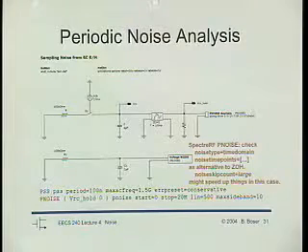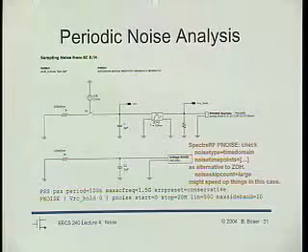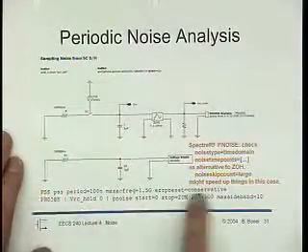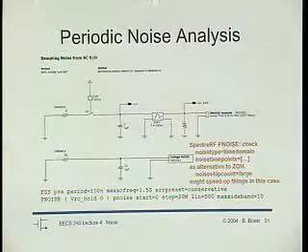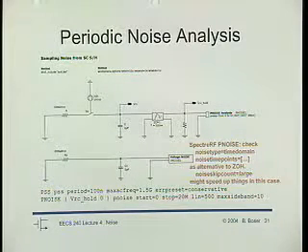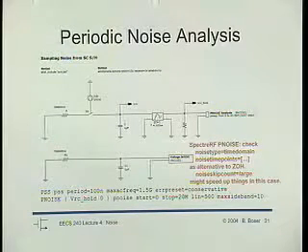More recent versions of SPICE, in particular the one called Spectre, have features built in that actually allow it to measure periodic noise. I show here an example of how to do that, and I list the commands that you have to type into Spectre, with two goals. One, I would like to alert you that you're not totally out of luck if you need to simulate and verify a circuit that uses sampling and its noise performance.